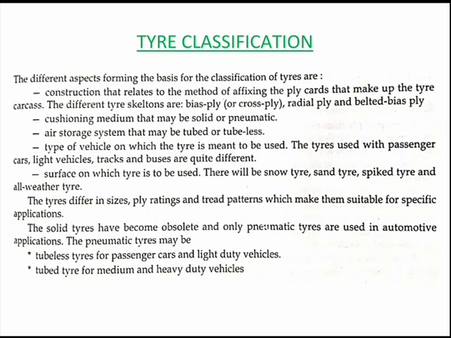Now, according to the type of vehicle we are going to use, whether it is a passenger vehicle, a light vehicle, cars, tractors, or heavy vehicles, we can classify the different types of tires.